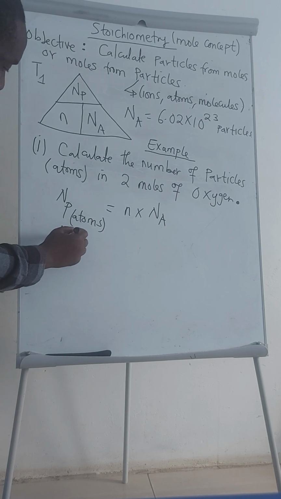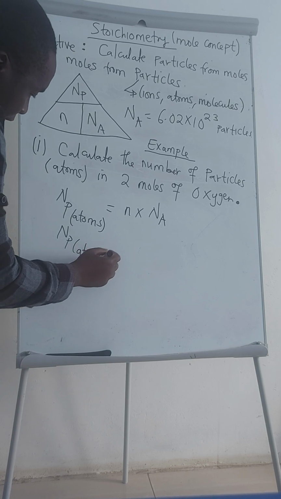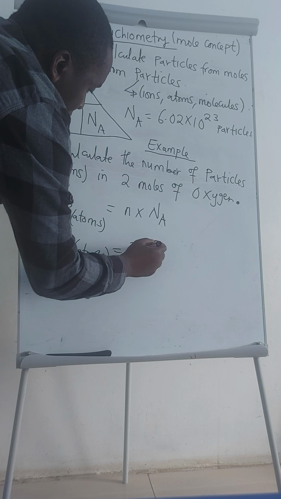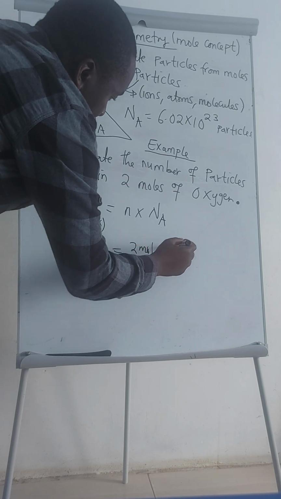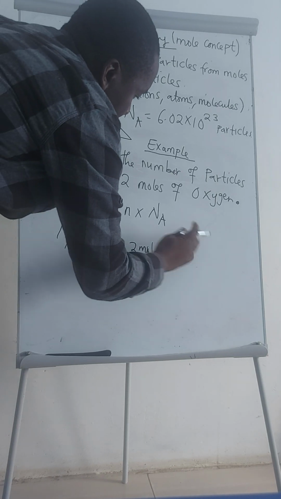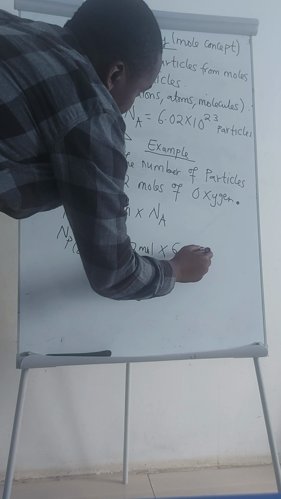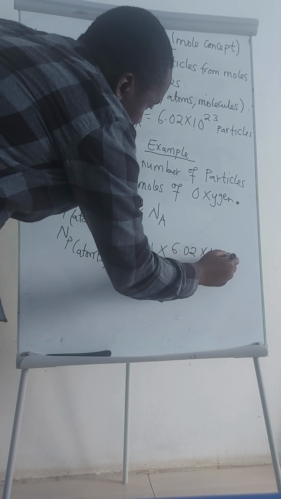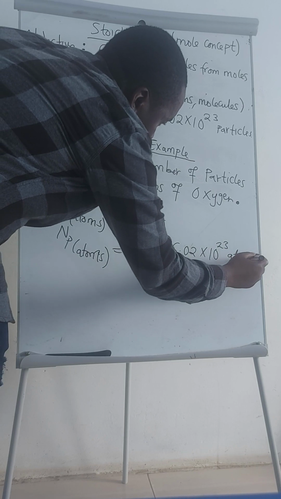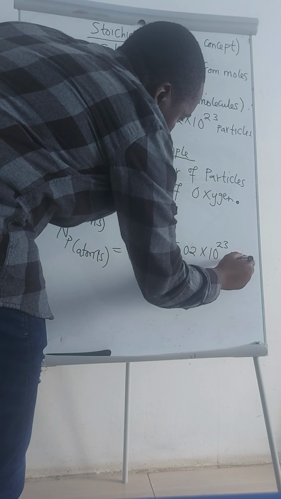So NP of atoms is equal to the number of moles, which is 2 moles, multiplied by Na, Avogadro's constant, which is 6.02 times 10 to the power 23 atoms per mole.